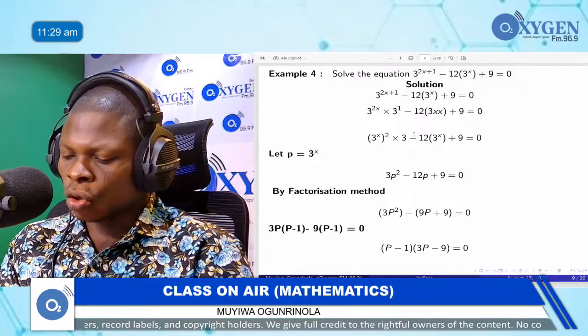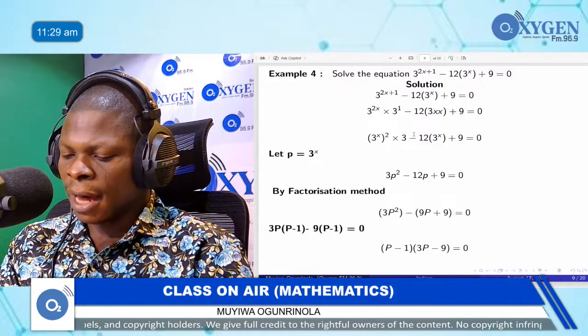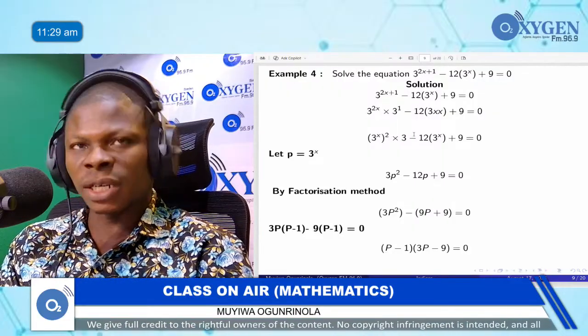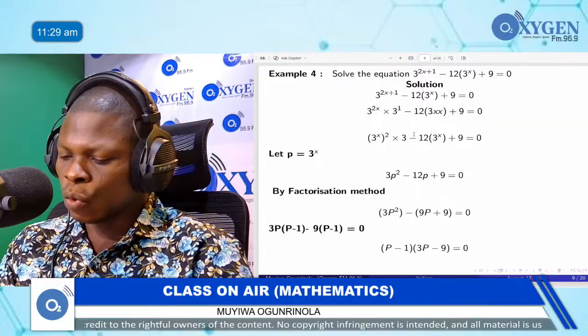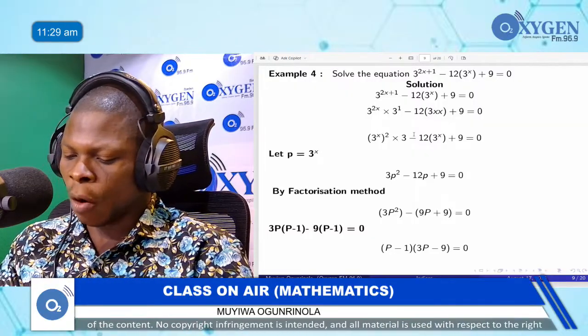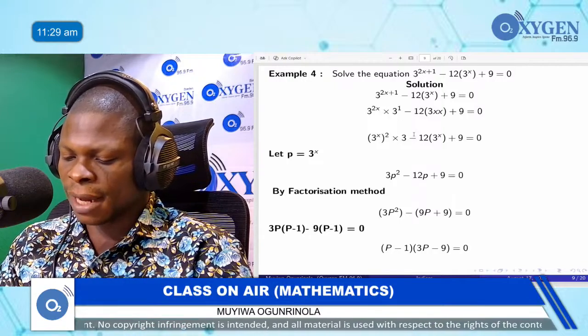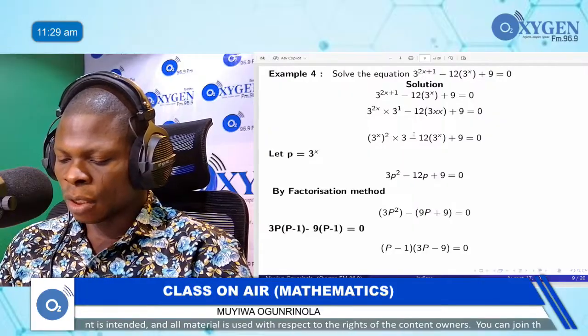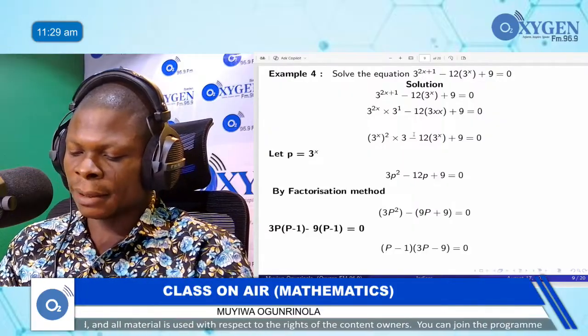We can also write 3 raised to power 2x in the form of 3 raised to power x, the way we did the first one. So this also will give us 3 raised to power x into bracket raised to power 2, multiplied by 3, because you see plus 1 there.